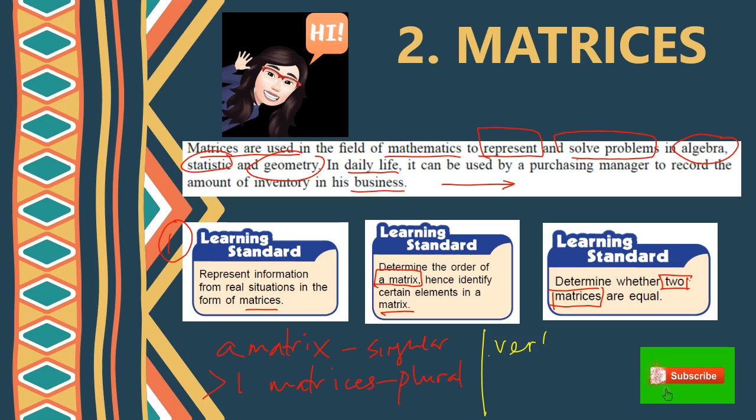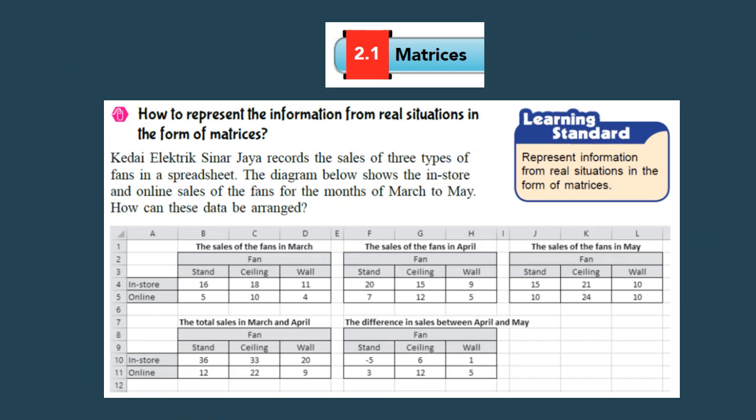For one vertex, and if more than one, you say vertices. Okay, that is new information for you.